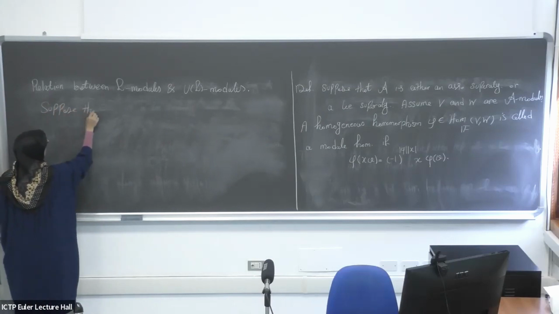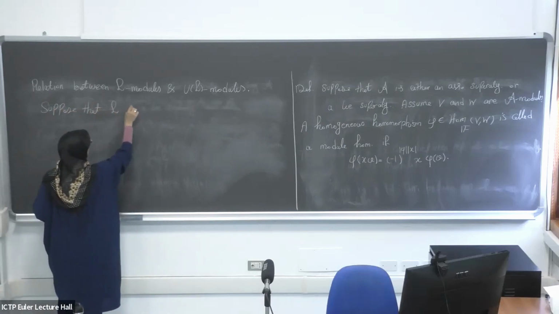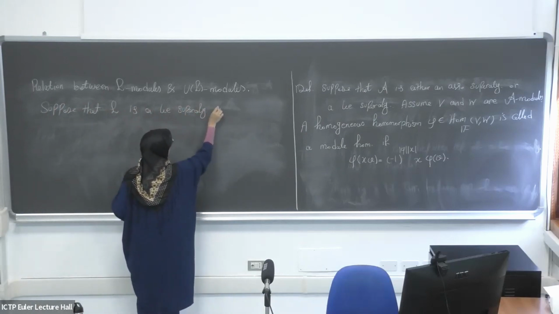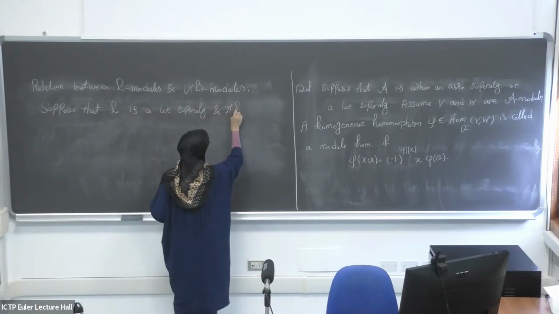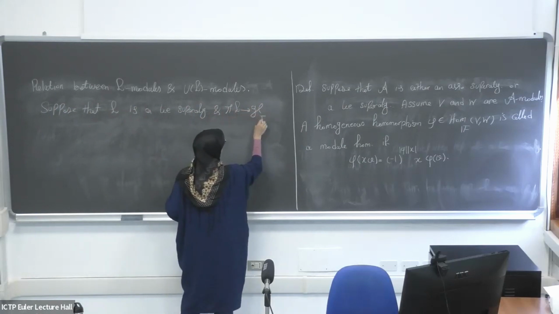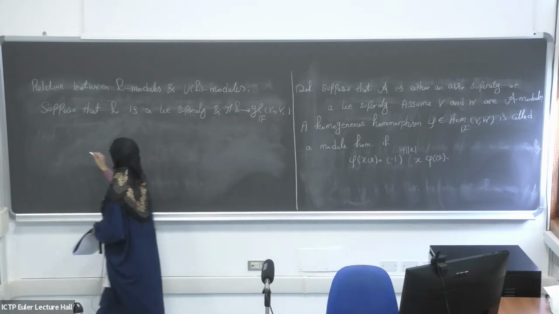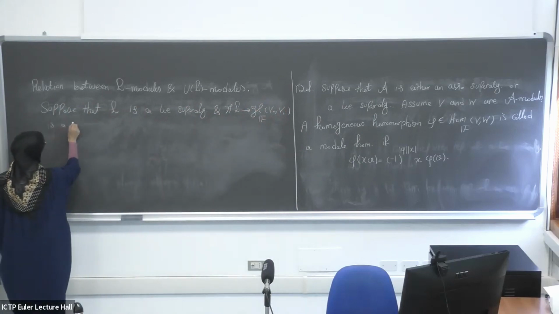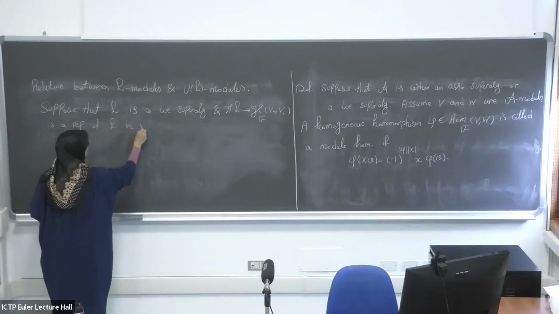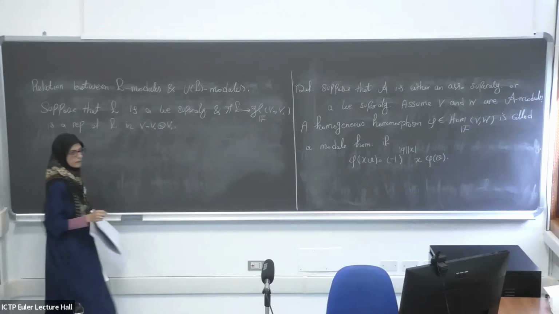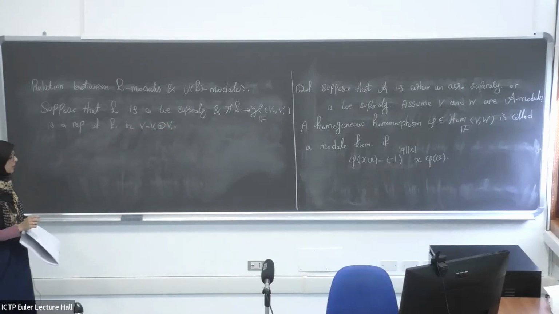Suppose that L is a Lie superalgebra and pi is a representation of L in the superspace V. Okay?